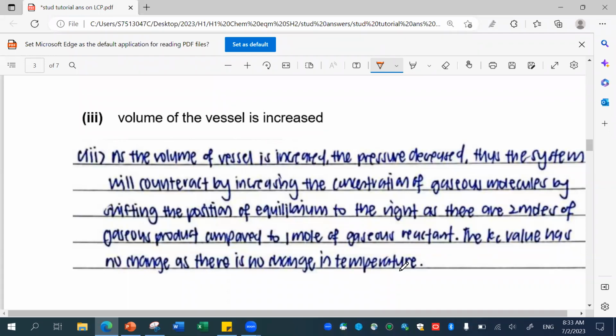This is exactly what is happening here, the effect of pressure, to increase the concentration of gaseous molecules. This is essentially what we are doing. And you can see that she justified by comparing the number of gas particles on the reactant side and the product side.